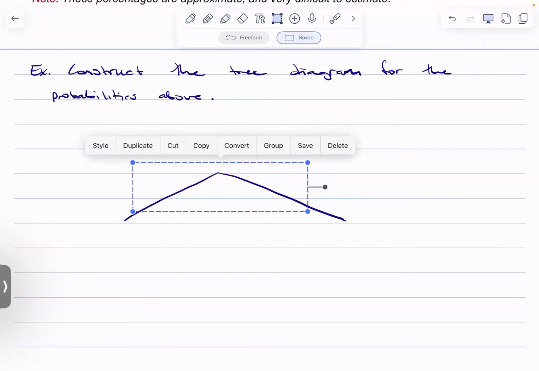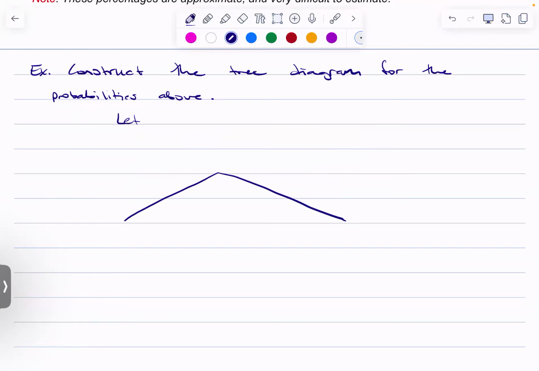Okay, and I guess I should define my variables. First, we're going to let C be the patient has breast cancer, which means the complement of C is they don't have breast cancer. I'm going to use a plus for a positive test.